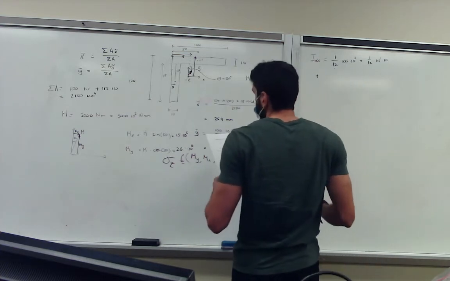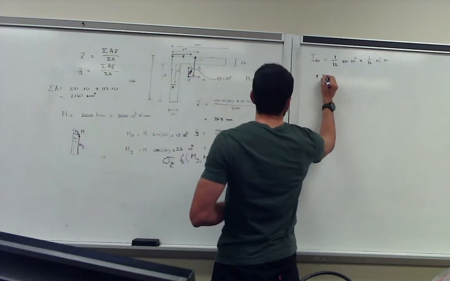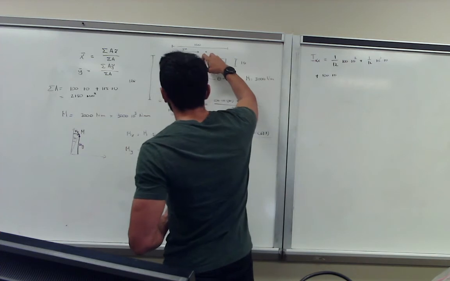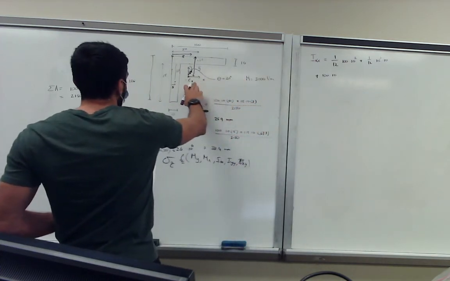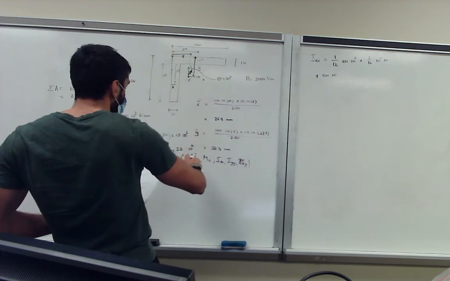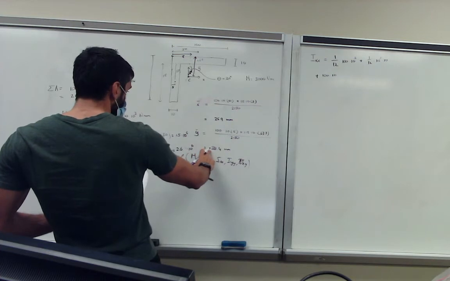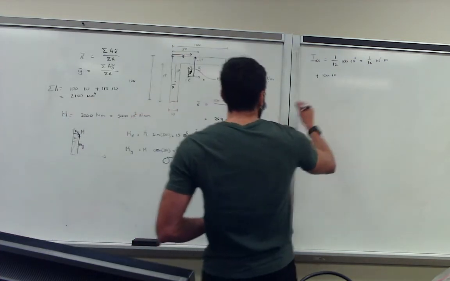What we get is, let's do the area first, that's just 100 times 10, and now we have to translate it from 5 to 38.4, this was y bar, so we basically have a distance of 33.4.